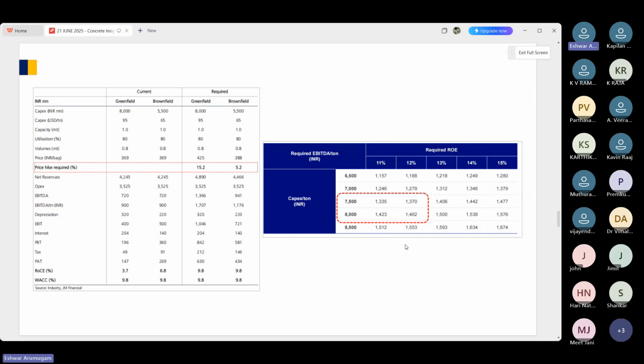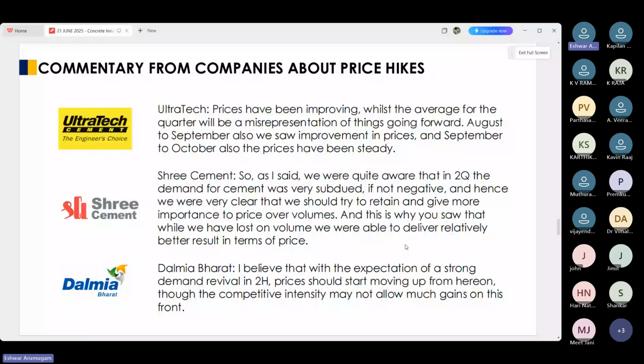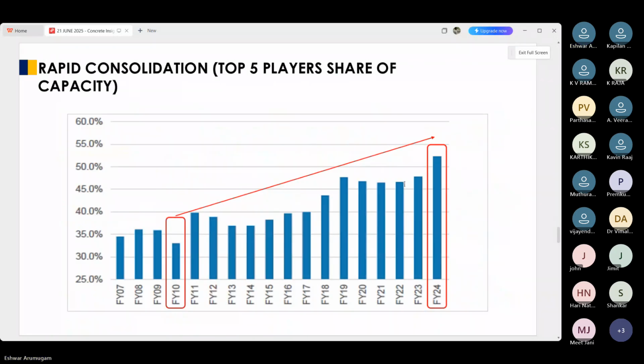These are the comments from the various managements, essentially echoing what I said in the previous slide. They also feel that prices have been showing a steadier and better trend. Let's move on to the next slide.